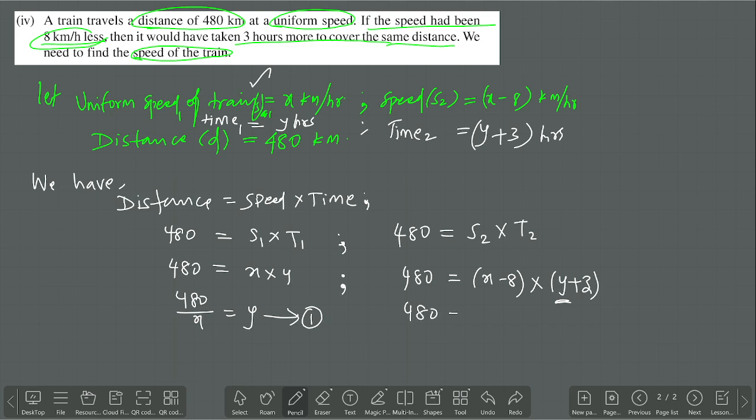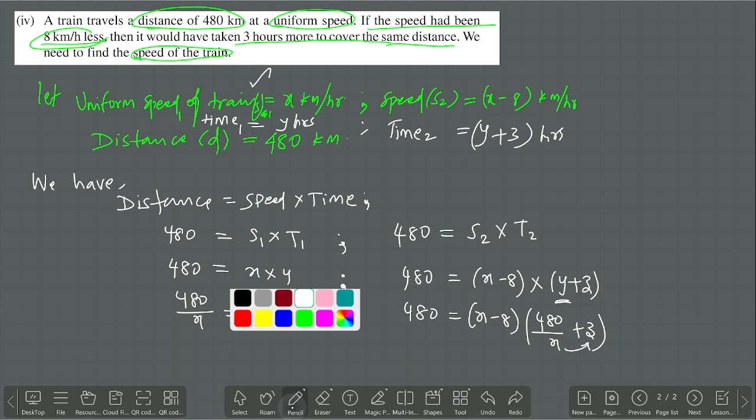480 is equal to x minus 8 into, what is the y value? Very good, 480 divided by x plus 3. Am I right? Now we have to simplify this. Take cross multiplication here. So what will I get? 3x, right. This 480, let it be.